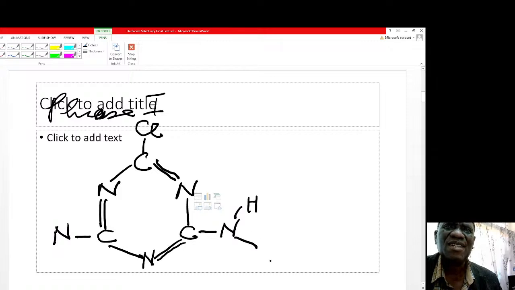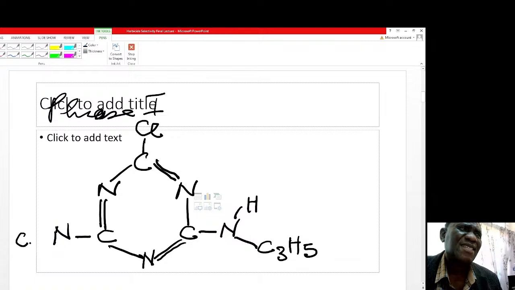There you've got an ethyl group, C2H5. Here you've got a methyl group.